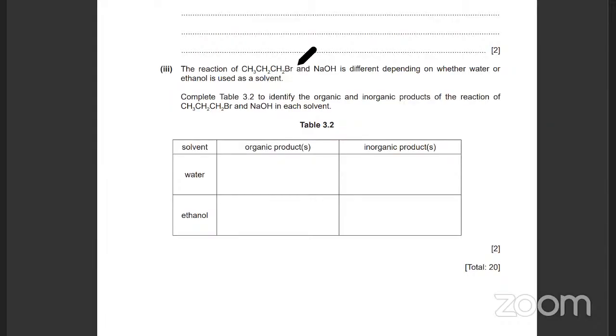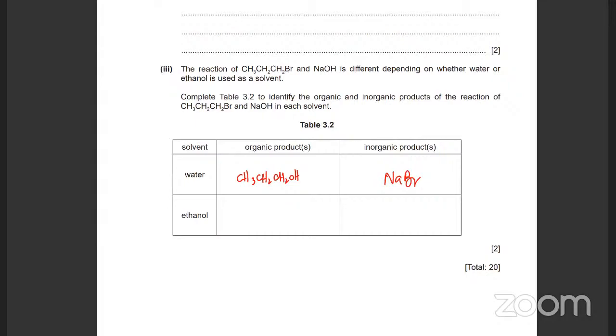Alcohol? Okay, that's going to be propanol, so it's going to be CH3CH2. What is the inorganic product? NaBr. The Br will leave and there's Na, so you'll have NaBr probably in aqueous state.